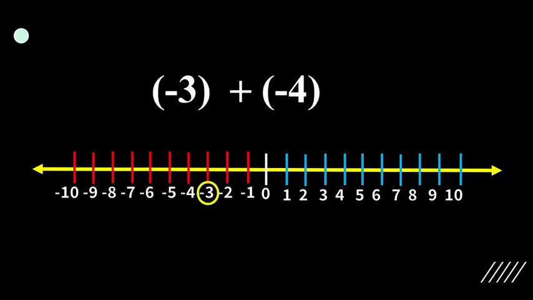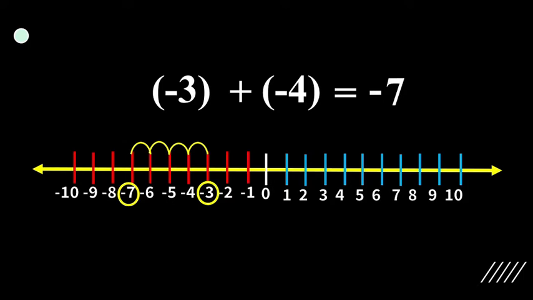Since we all know that all numbers going to the left side of 0 in the number line are negative integers and we are adding negative 4, therefore, we will be moving 4 units going to the left side of negative 3. So we get negative 7. Therefore, negative 3 plus negative 4 is equal to negative 7.